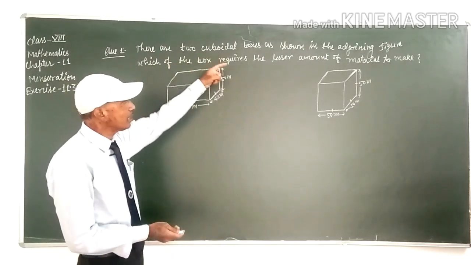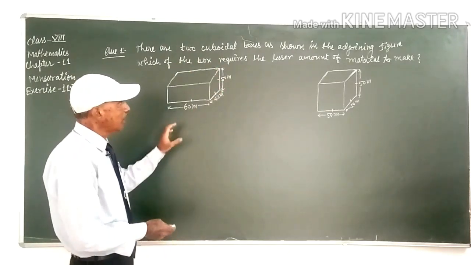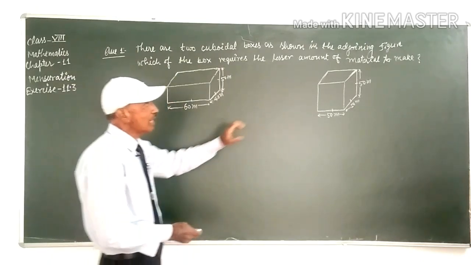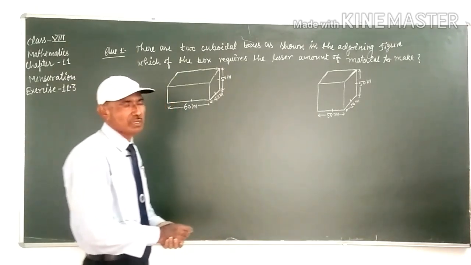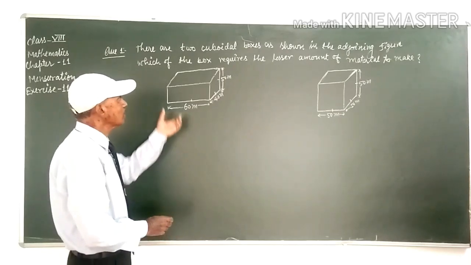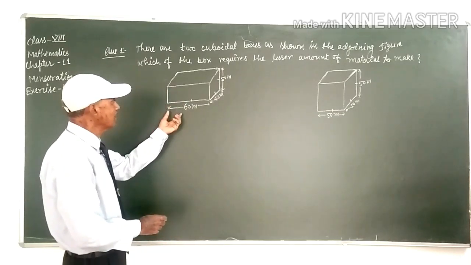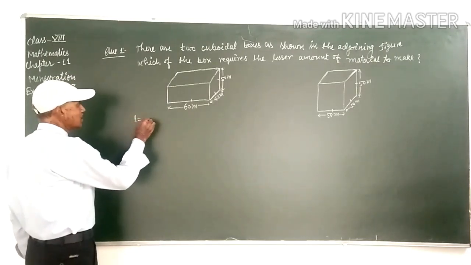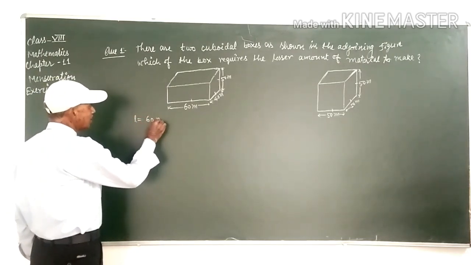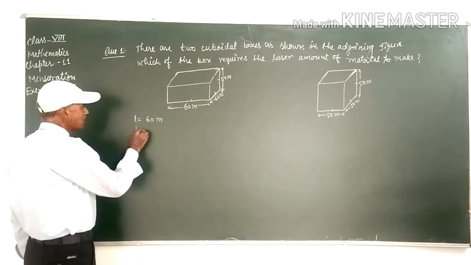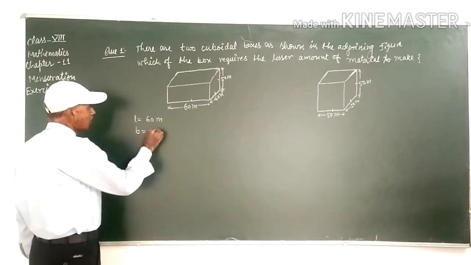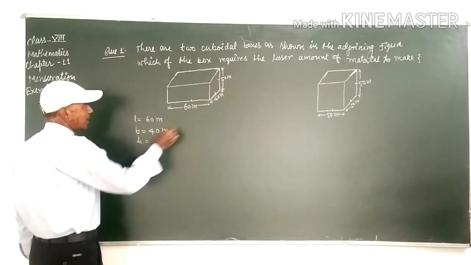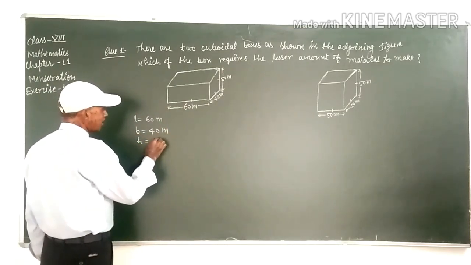So these are the cuboidal boxes and we have to find out the total surface area of these two boxes. Clear students? So in the first box, the dimensions are: length 60 meter, width 40 meter and height 50 meter.